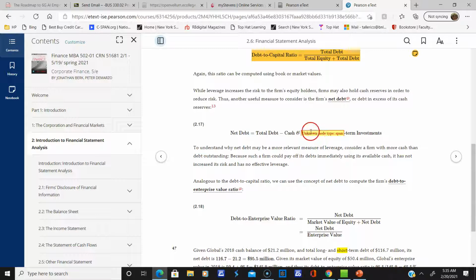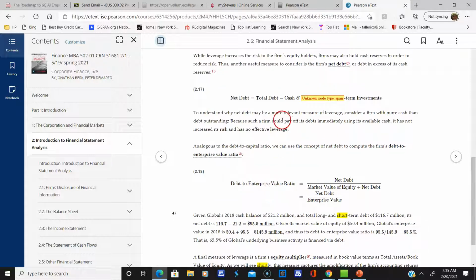Something's wrong here. I don't know what that should be, if it's long or short there. All right, so we won't worry about that. It's either long-term or short-term investments.